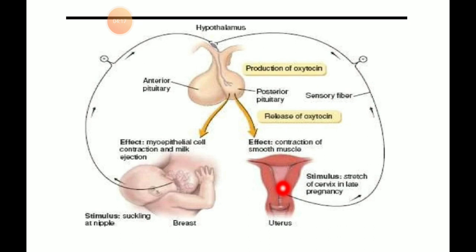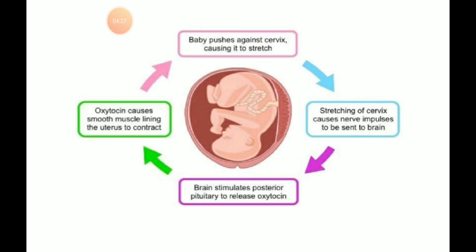But the lower one, consisting of the cervical portion, is going to be dilated with oxytocin. So this is absolutely essential. Otherwise, the expulsion of the fetus from the uterine cavity is going to be restricted.